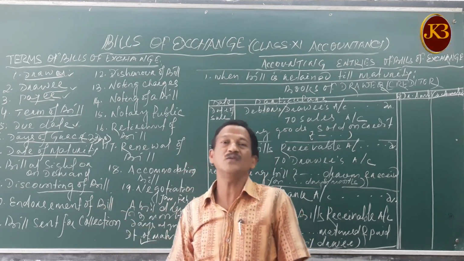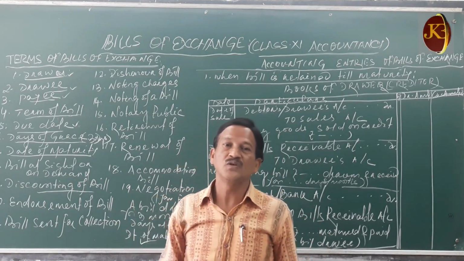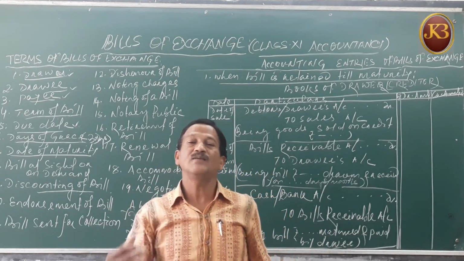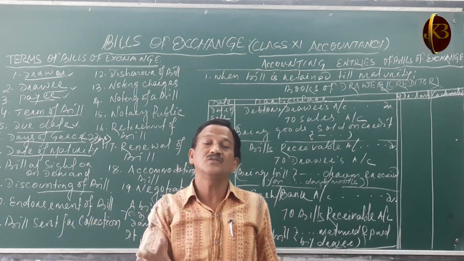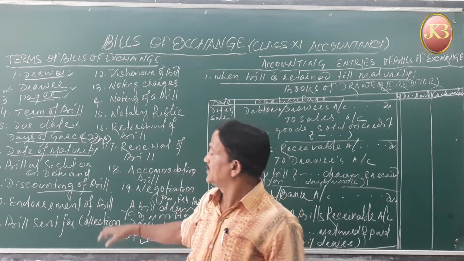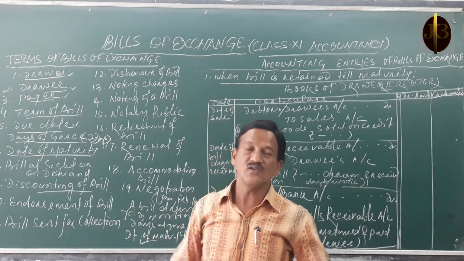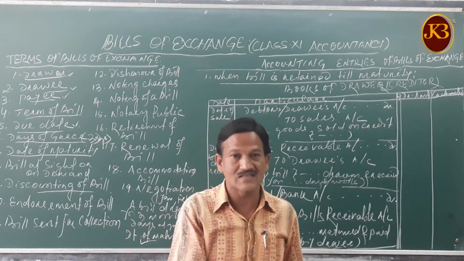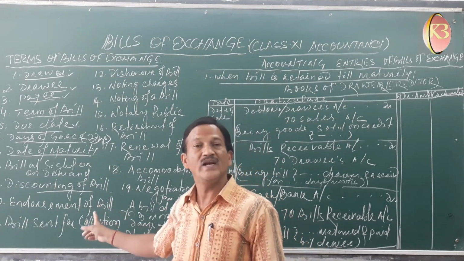The bank will calculate the amount of charges which they will deduct from the bill, and the balance amount will be paid to the drawer. The amount which they deduct is called discounting charges. Actually, they are deducting interest, because they are giving you credit for 2.5 months.